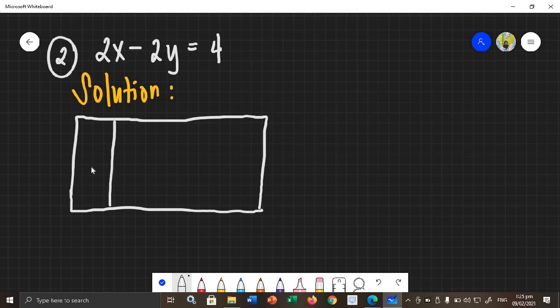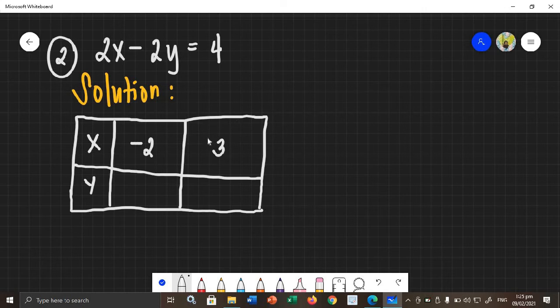So we have the x and then your y coordinate. And then let's say, ang gagamitin kong x coordinate is may negative. So I'm going to assign a negative 2 as your first x coordinate and 3, let's say. So yun, any number you can assign in the x coordinate.